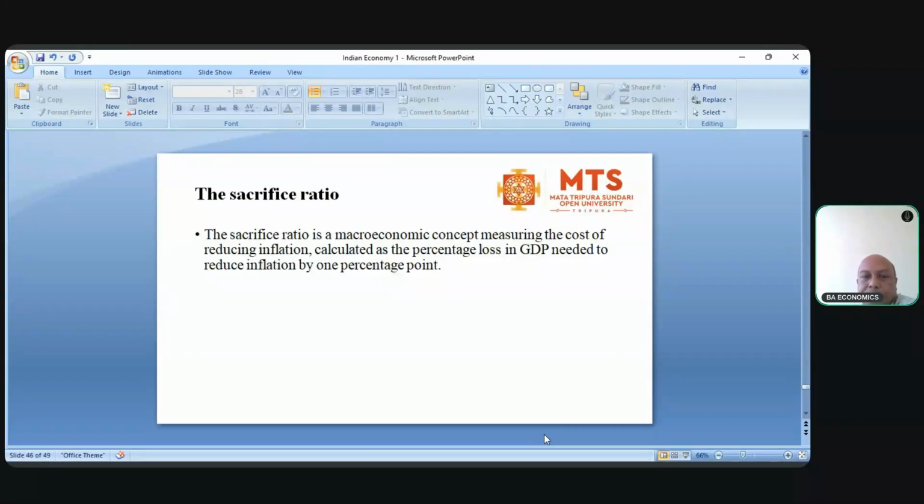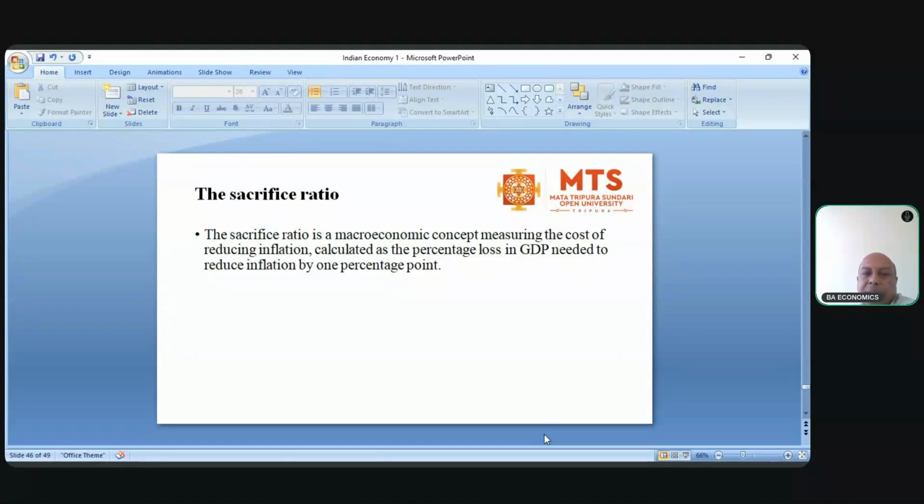It means it shows that if the government wants to reduce inflation by 1%, then how much percentage GDP will decline. So it indicates the sacrifice ratio.